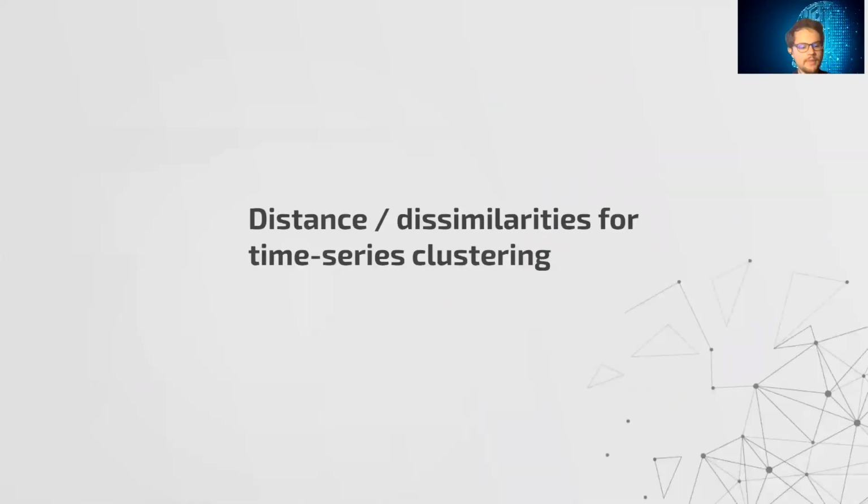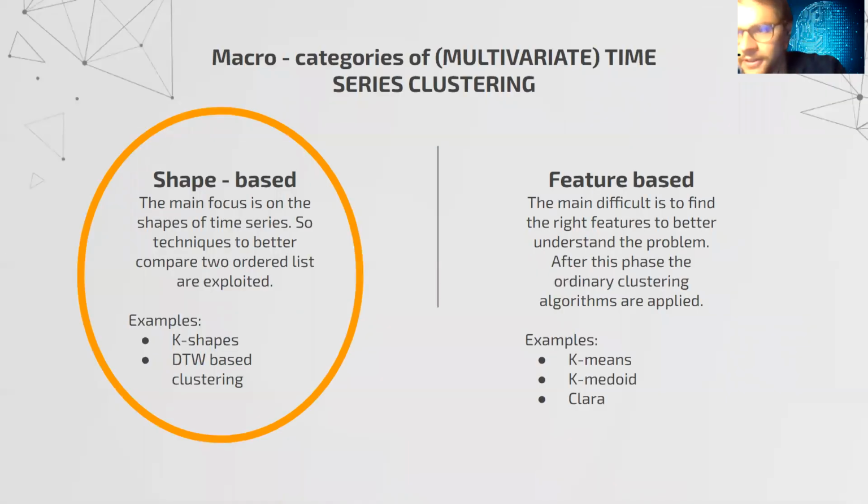And now, Andrea, yes, can I say only a thing? I think it's very interesting because in the feature-based approach, you are summarizing the information of your time series, but in the other cases, on the contrary, you are using the whole time series. Exactly. So I think it's a very good starting point for this kind of grouping.